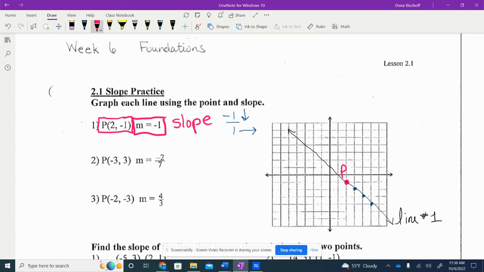So we're going to do the same thing for the next equation, or the next point. So we're right here at number 2. So where do I plot my first point? Yeah, -3, 3. So that means starting at the origin, I'm going to go to the left, -3 on my x-axis, up 3 on my y.